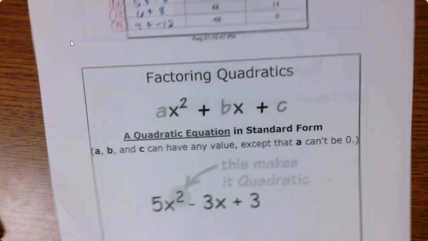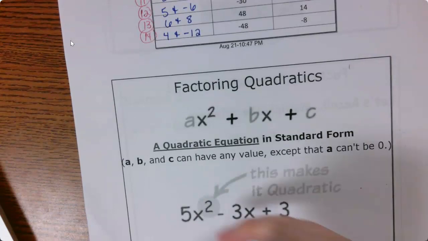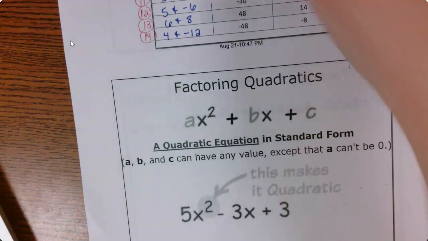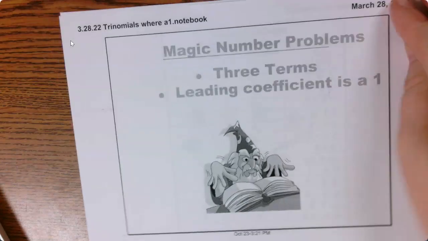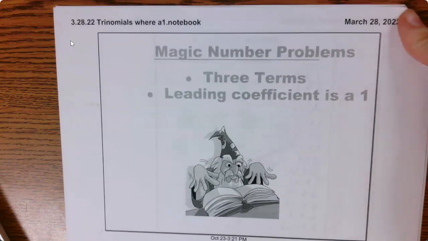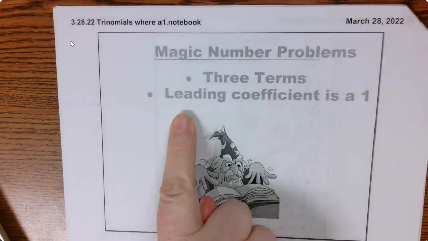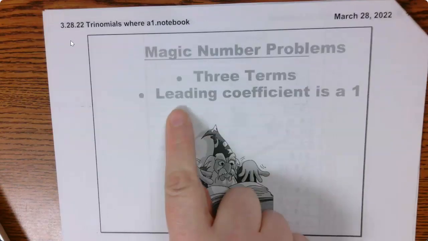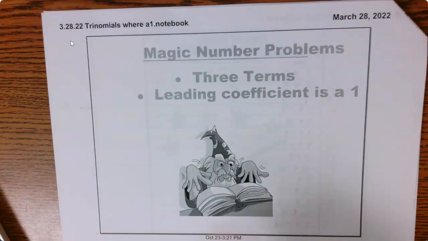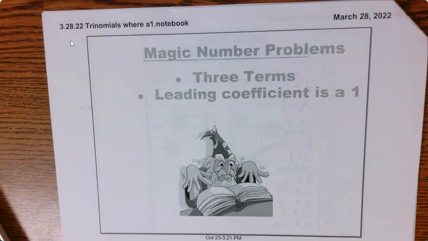If you remember when we classified polynomials, if the highest exponent was a 2, that meant it was a quadratic. So we are going to learn how to factor quadratic trinomials. Today we're going to focus on the trinomials where the a term is 1. The leading coefficient is going to be 1 for all of the problems that we are looking at today.